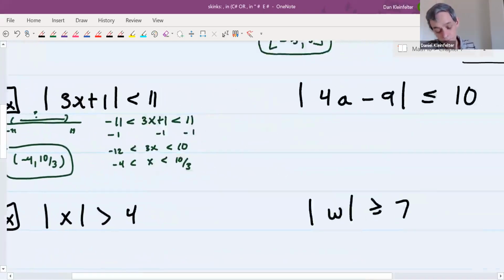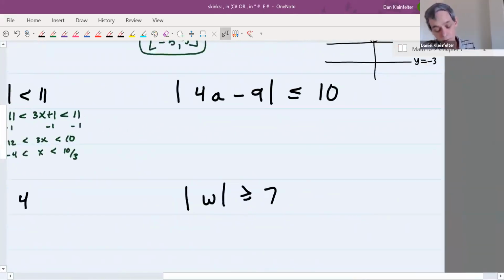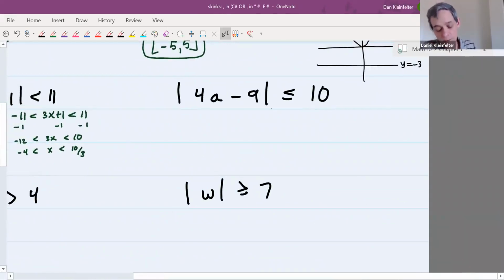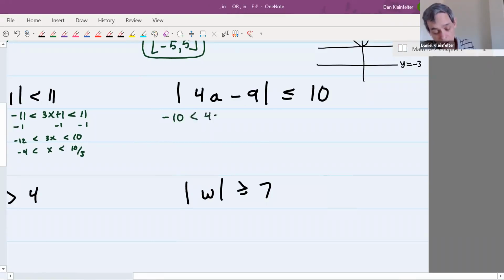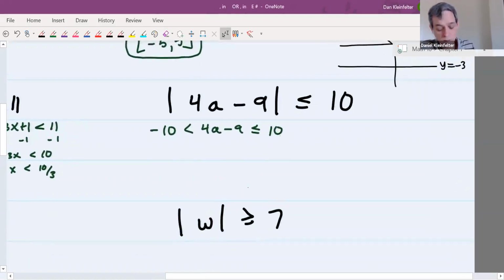Okay, try one more. The absolute value of 4a minus 9 is less than or equal to 10. So again, 4a minus 9, I don't know where it is. It's between negative 10 and positive 10. If its distance from 0 is under 10 units, it's got to be between negative 10 and 10. So let's add 9 to all three parts.